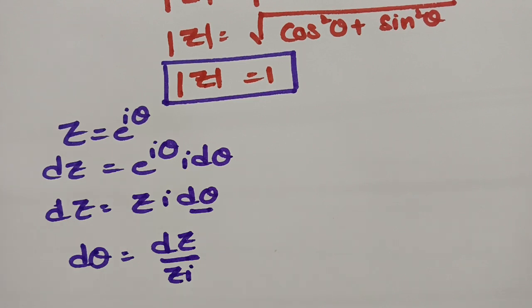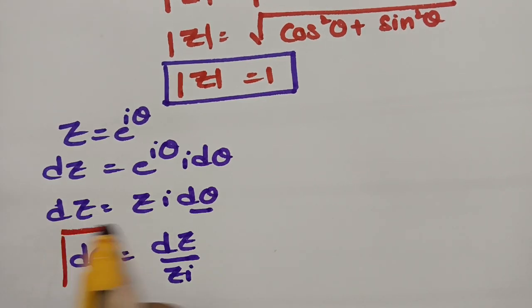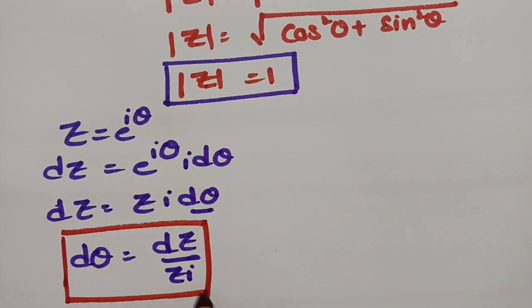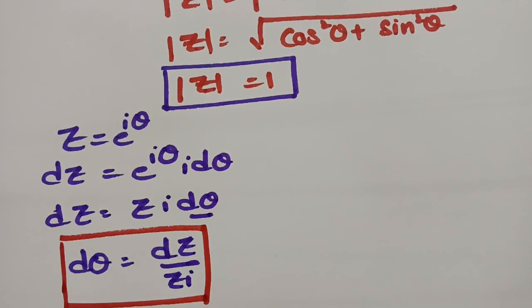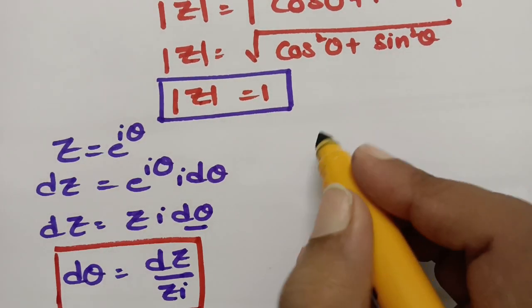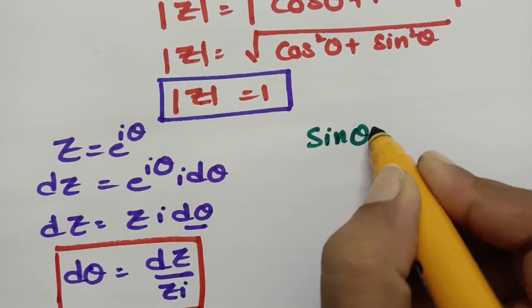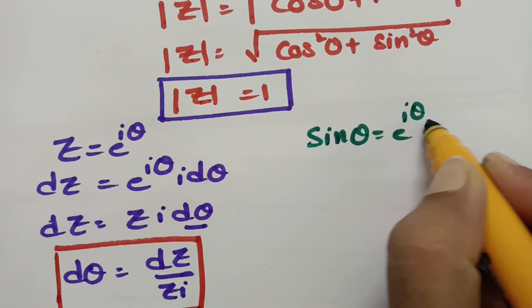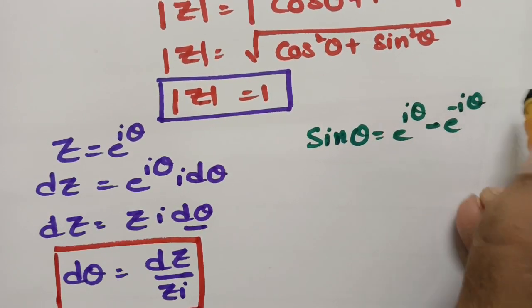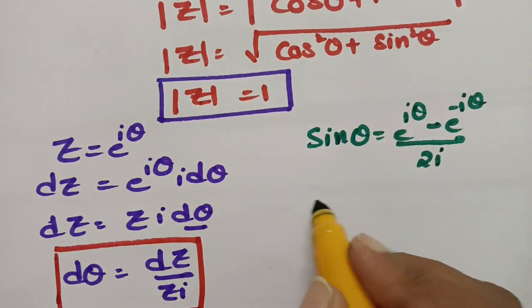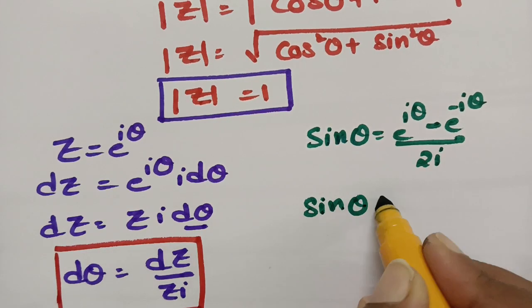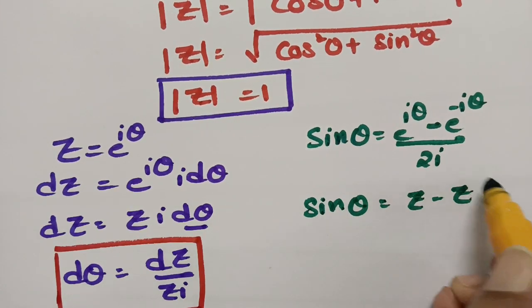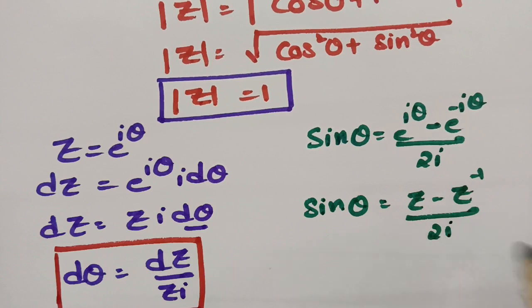So after getting the d theta value, I need the value of sin theta. For getting sin theta, what we have to do? As you know, sin theta can be written as e power i theta minus e power minus i theta by 2i. So sin theta is equal to (z minus z inverse) by 2i.